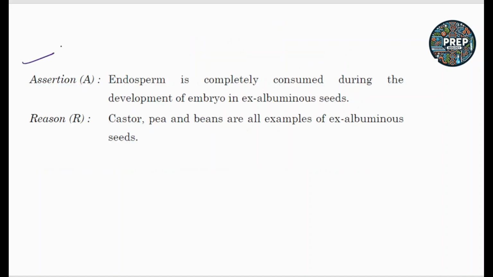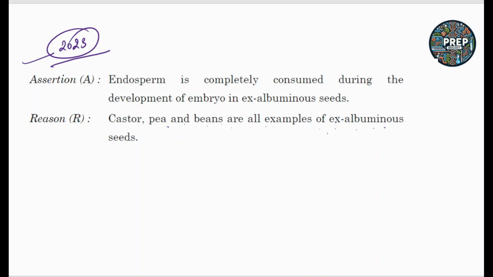Next, this assertion reason was asked in your 2023 board exam. The assertion is that endosperm is completely consumed during the development of embryo in exalbuminous seeds. Castor, pea and beans are the examples of exalbuminous seeds.